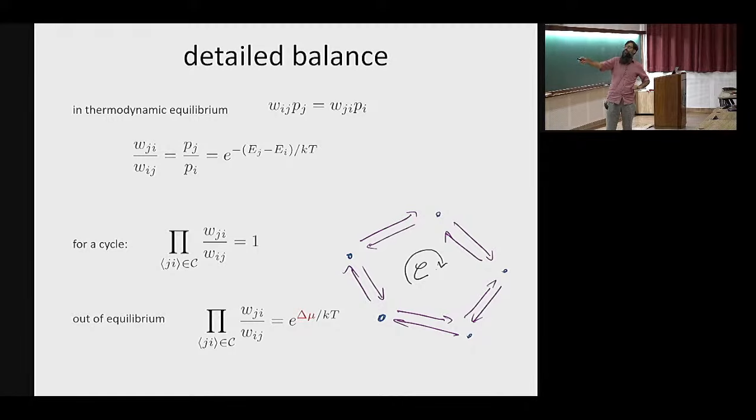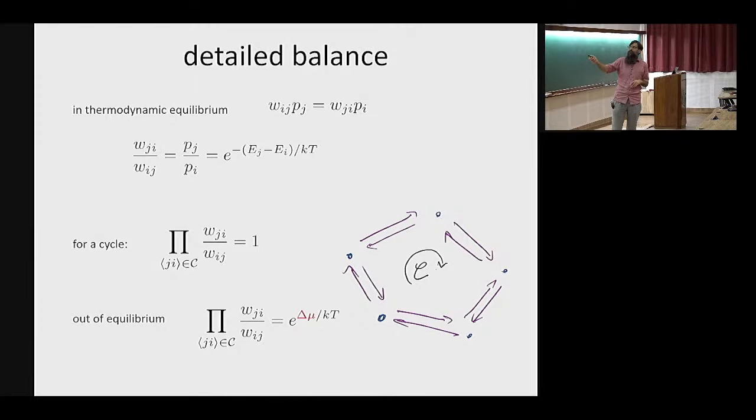And if I rearrange this, I get the ratio of the rates is equal to the ratio of the probabilities. And since in equilibrium the probabilities are these Boltzmann factors, then I get this constraint that the ratio of the rates is given by an exponential of the energy difference between the energies of the two states.